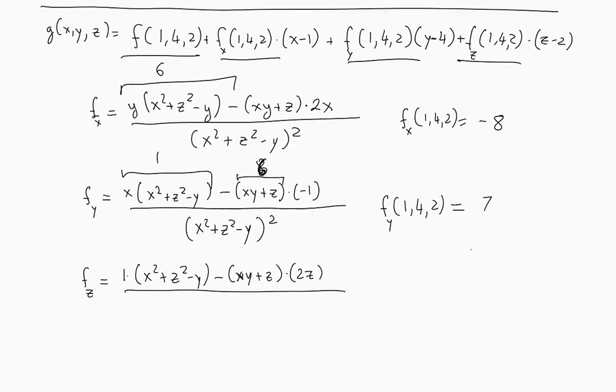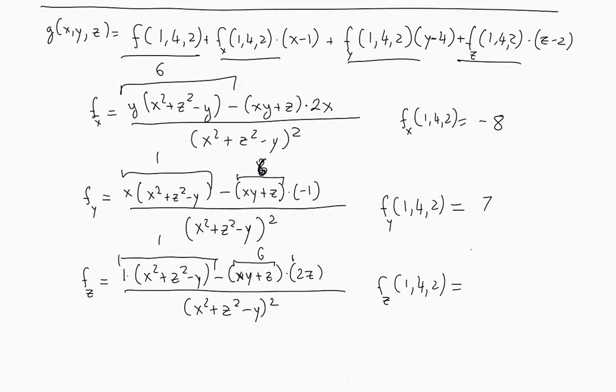So f sub z at (1, 4, 2) is going to be how much? This whole thing is 1, right? This thing we said is 6. And then you multiply by this, which is 4. And pretty much you get 1 minus 24, also known as negative 23.